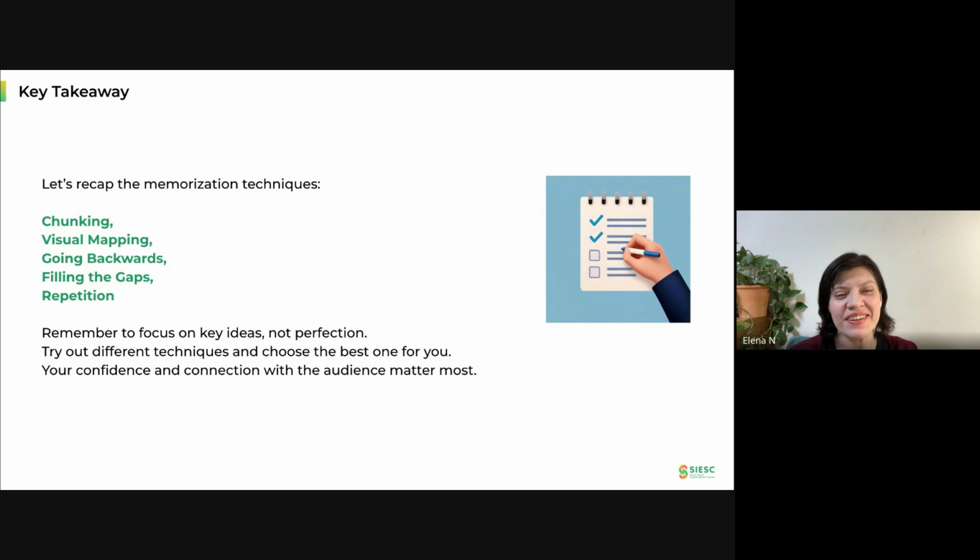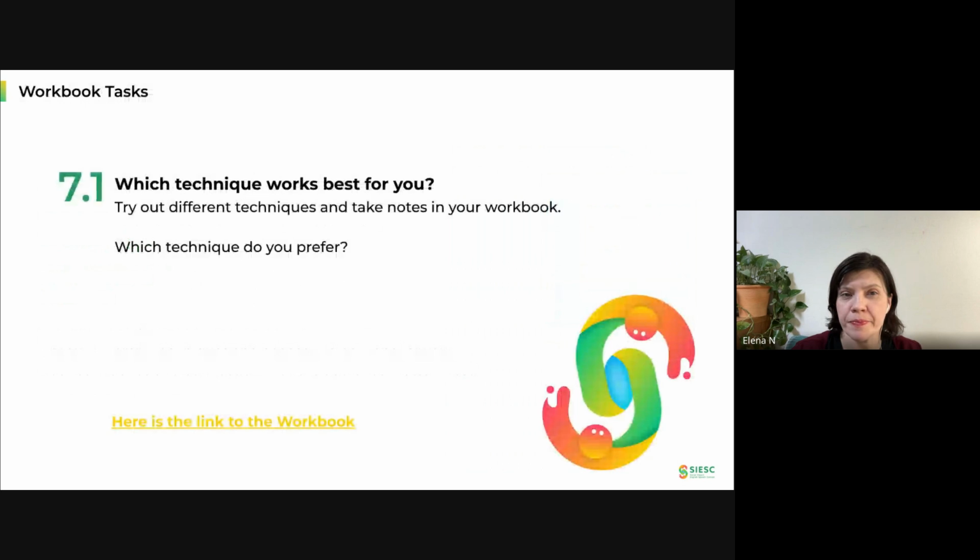What I'm saying is that it's important to keep focusing on your main ideas. And of course, your hook and your call for action are also very important parts, so make sure to memorize those as well. And your confidence and connection with the audience matter the most.